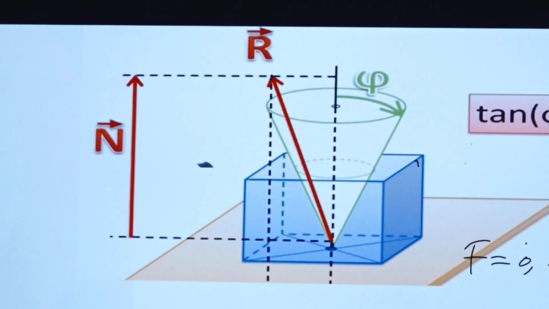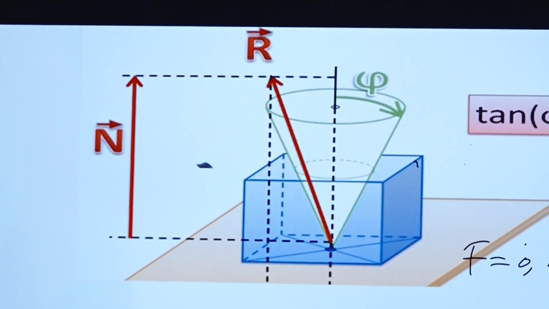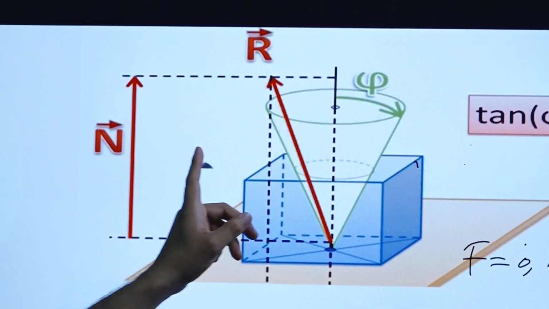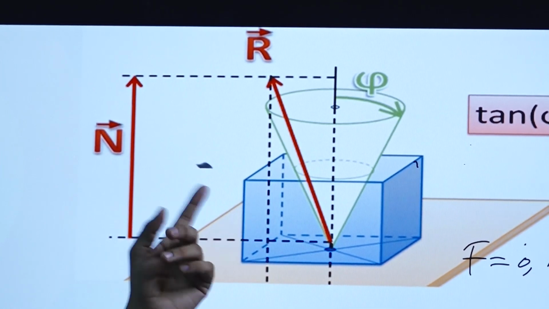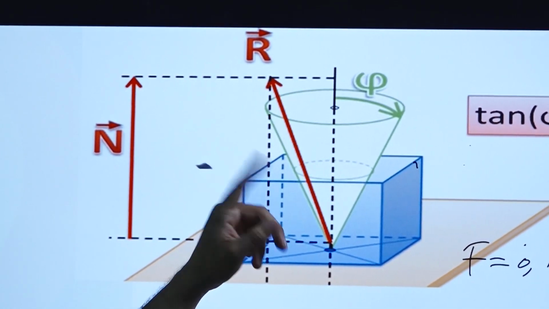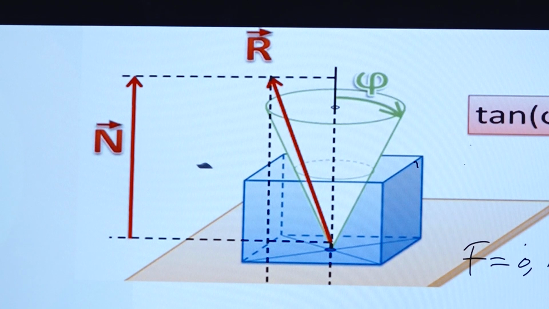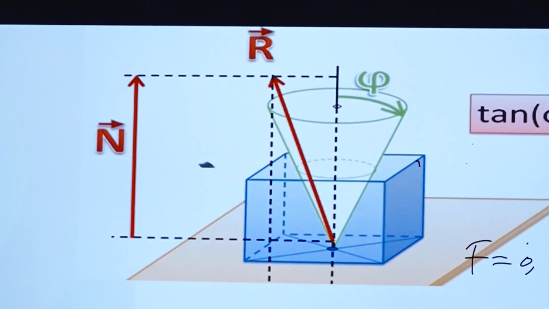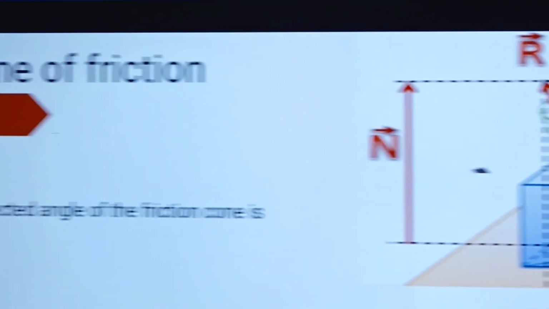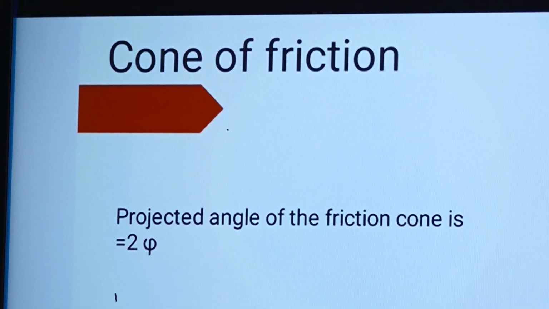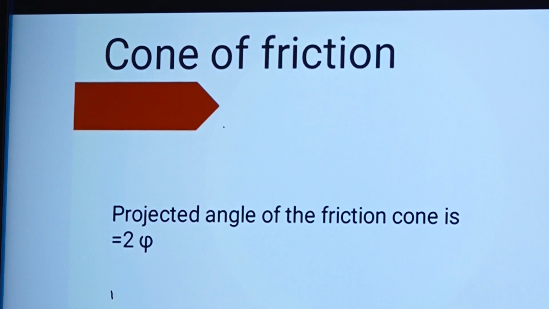When modeling that particle and surface contact, you have to keep that force within a specific cone. So that is the physical significance of the cone of friction. But in objective questions you are not going to find any use of this cone of friction.